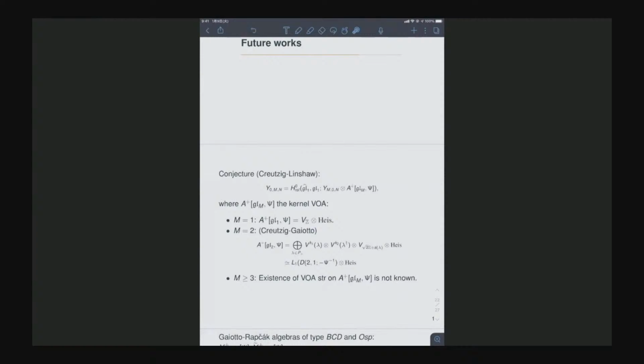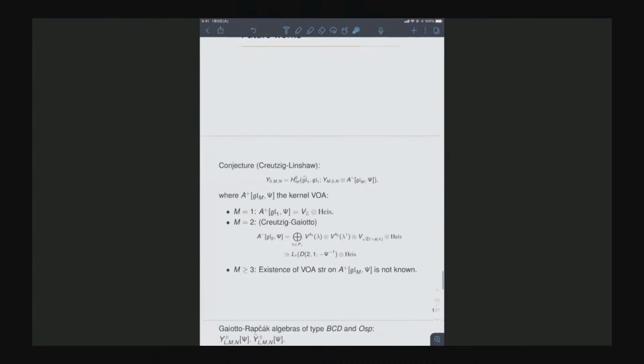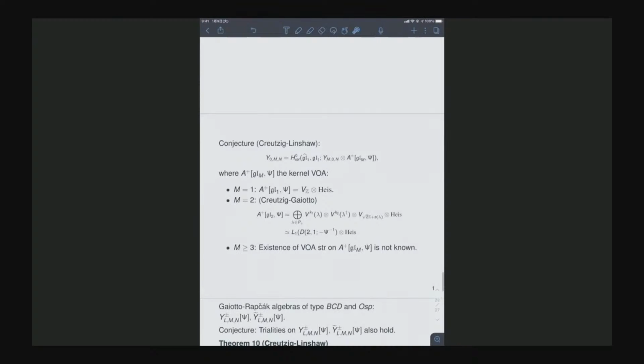Our case is just m equal 1, but they consider m,0,n, tensor some A plus, and consider relative semi-infinite cohomology. Then they conjecture that this is isomorphic to Y_{0,m,n}. But A plus is just a kernel VOA. This is defined as a corner VOA in the talk of Thomas. And what is the kernel VOA?